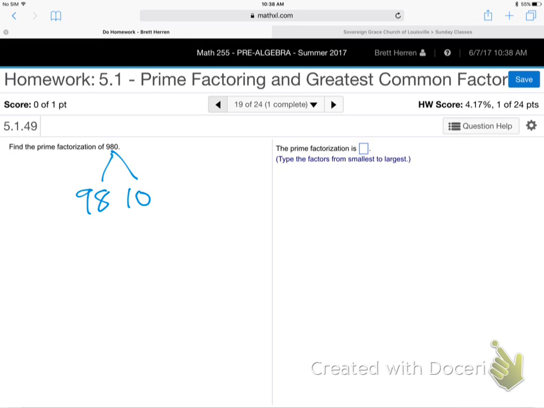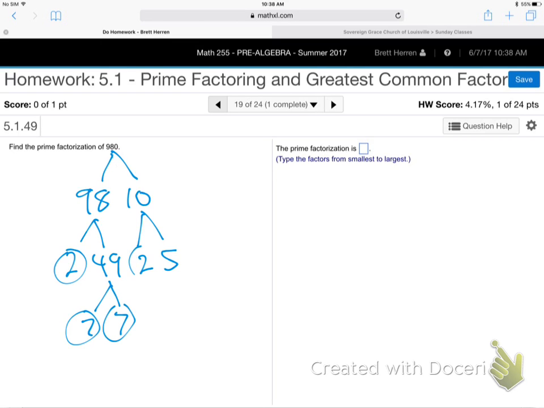And then break down the 98. 2 times 49? And the 10 is 2, 5 or 5, 2? Yeah, and the 49 is 7, 7. Should get it all. 2, 7, 7, 2, 5.